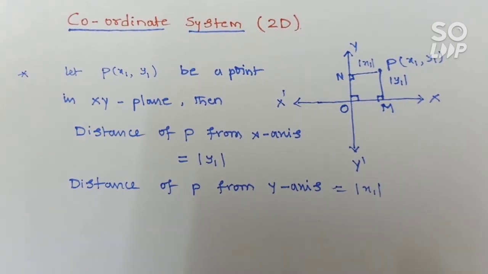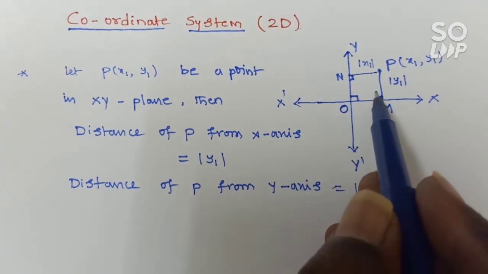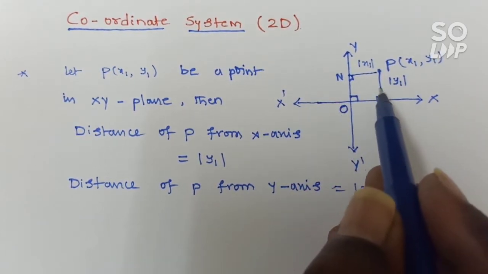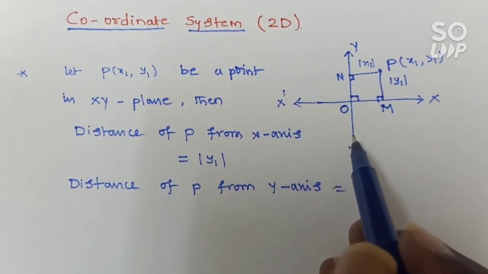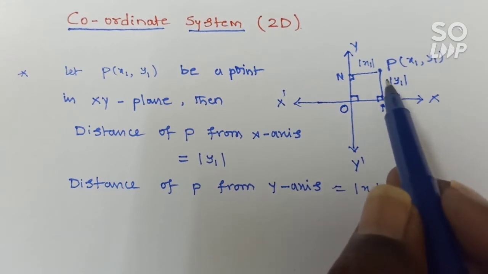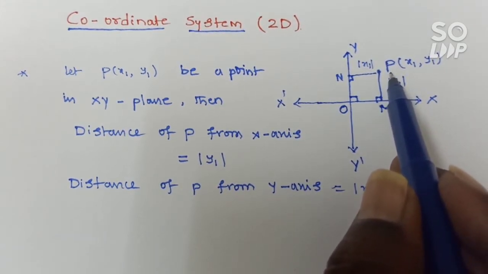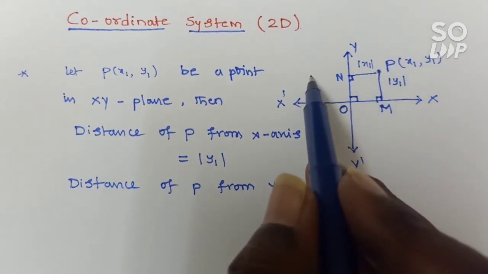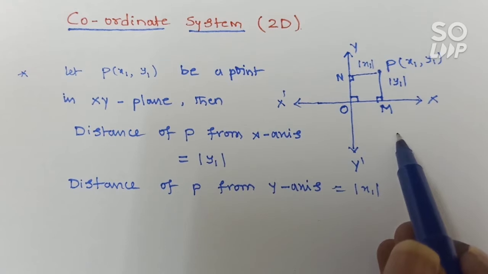Here you remember one thing: this coordinate system divides the plane into 4 equal parts. The present position of P is the first quadrant, this one is the second quadrant, this is the third quadrant, this is the fourth quadrant.